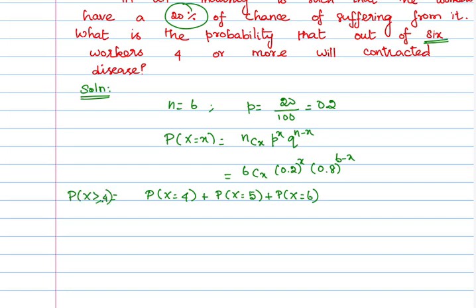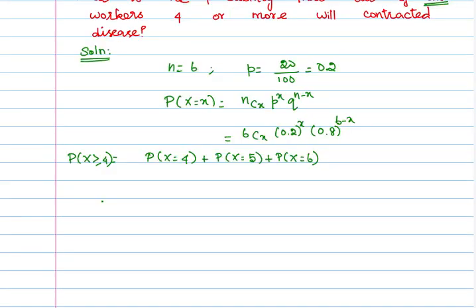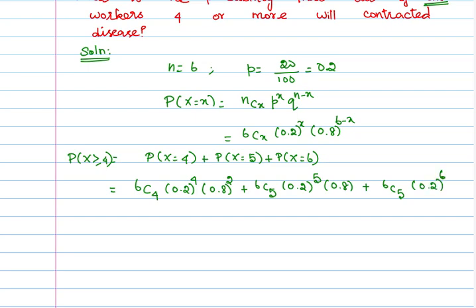So P(X equal to 4) is 6C4 times 0.2 power 4 times 0.8 power 2, plus 6C5 times 0.2 power 5 times 0.8, plus 6C6 times 0.2 power 6.